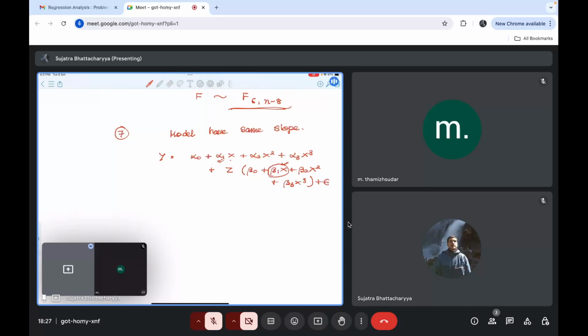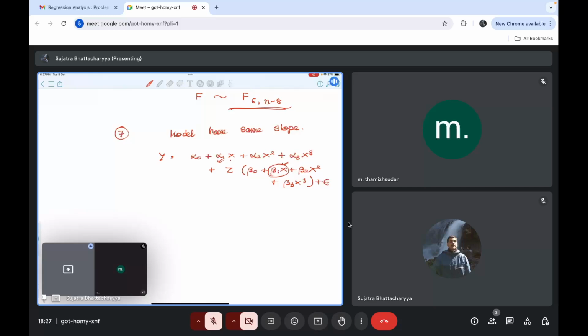It has never said that it's a straight line model or a cubic fit model. So you cannot take so many parameters. It's a single slope model. So therefore, from the dummy part, that is z times whatever is in the bracket, you just remove the other slope which is introduced here. That is the beta 1 x.